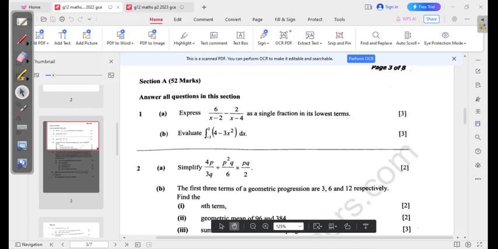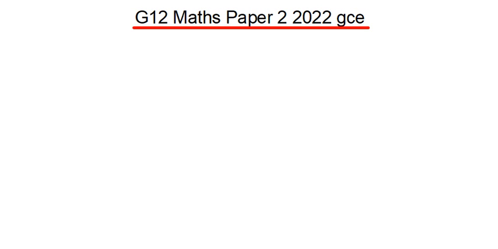Okay, so the first one, 1a, we have 6 over x minus 2 minus 2 over x minus 4. So we have to express this as a single fraction in its lowest terms.